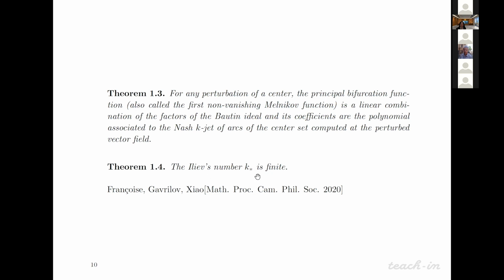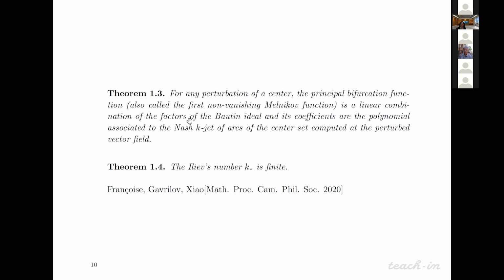So for any perturbation of a center, the principal bifurcation function is a linear combination of the factors of the bounding ideals, and their coefficients are the polynomials associated with the Nash K-jet of arcs of the center set.